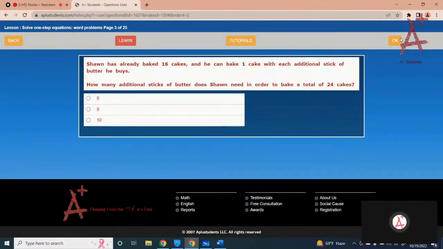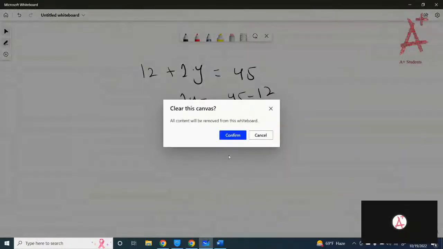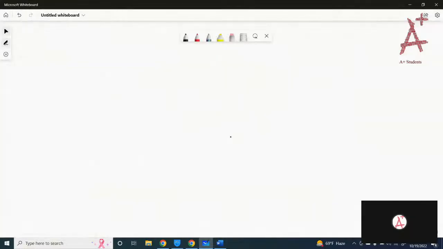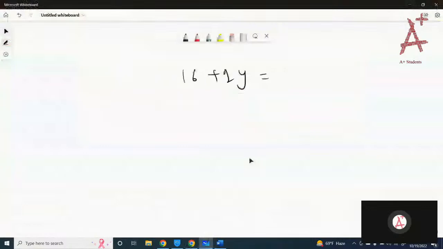So you need to do 16 plus 1 dot y, and they are equal to 24. So 1 times y is y. So it would be 16 plus y equals 24.